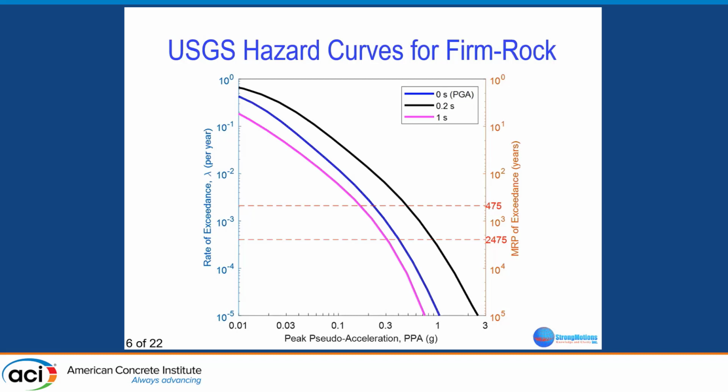These hazard curves say that anything is possible in the future, but higher values have longer return periods and lower values have shorter return periods. From these hazard curves, you read the 475-year return period ground motion parameters and the 2475-year return period ground motion parameters. The 475-year parameters will be used to generate the OBE ground motion, and the 2475-year return period parameters are used to generate the SSE ground motions.